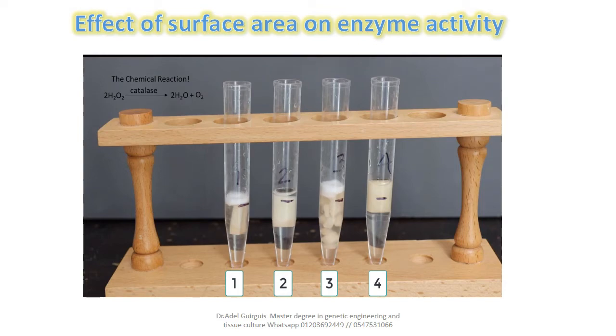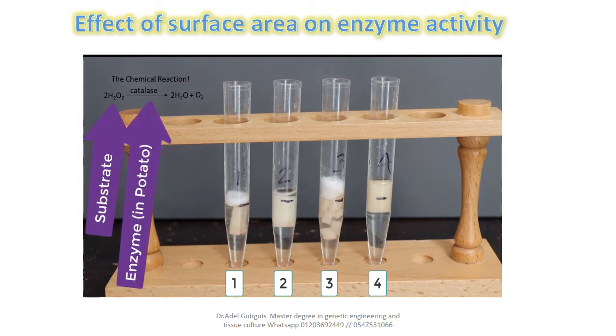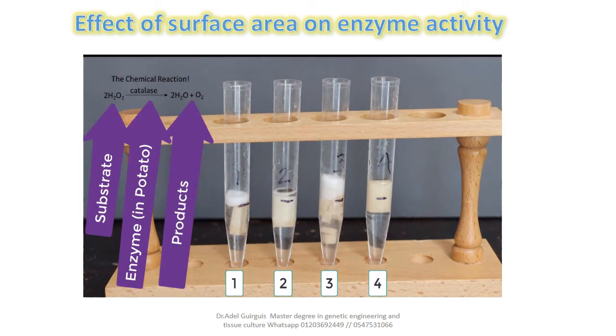And then we let them sit, and what you see is the enzyme taking action and doing the chemical reaction, which is taking the hydrogen peroxide, H2O2, and converting it into water and oxygen. And that enzyme catalase is found inside the potatoes.